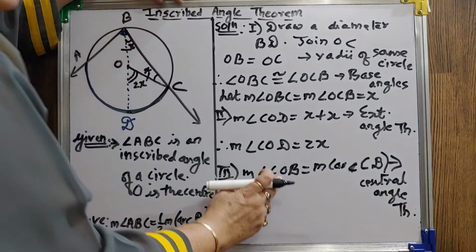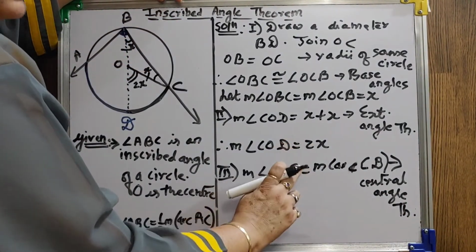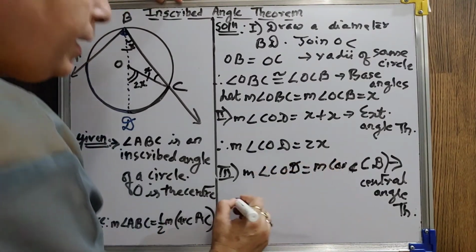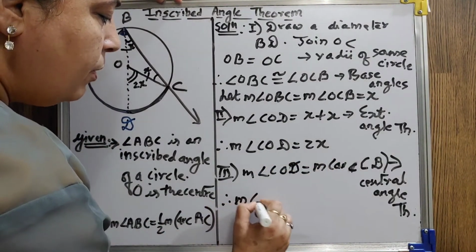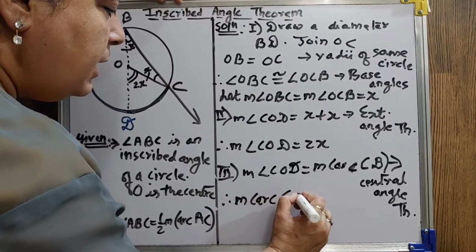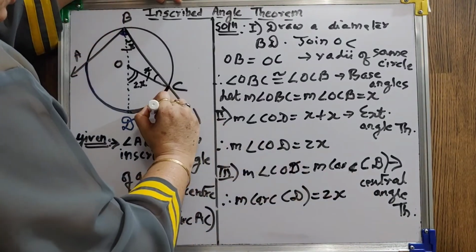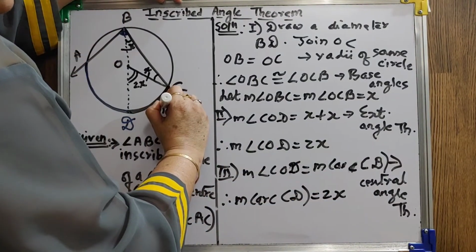Now angle COD you got as 2x. So therefore the measure of arc CD is also 2x. So this arc is also 2x.